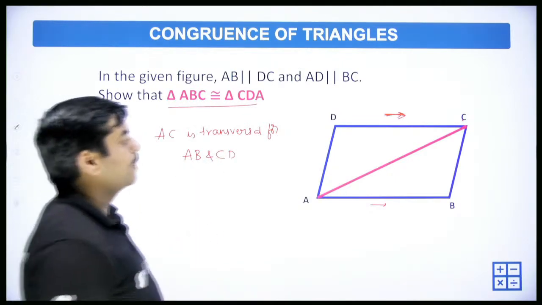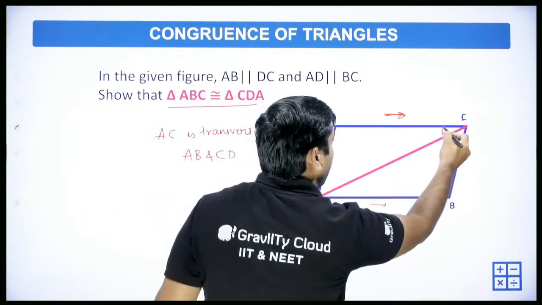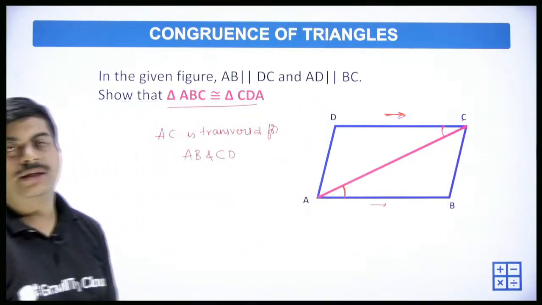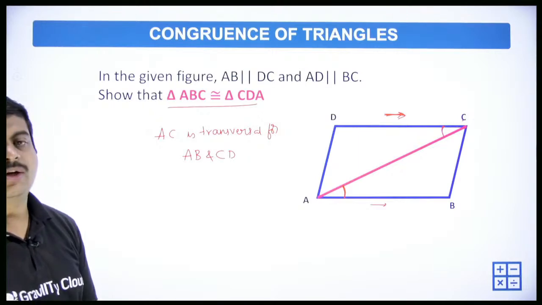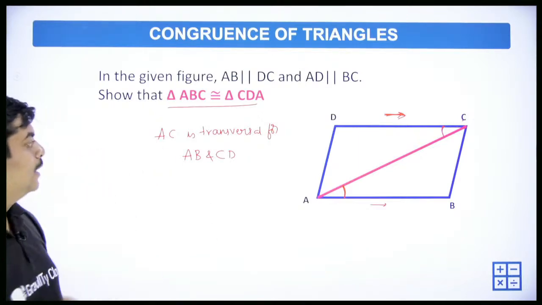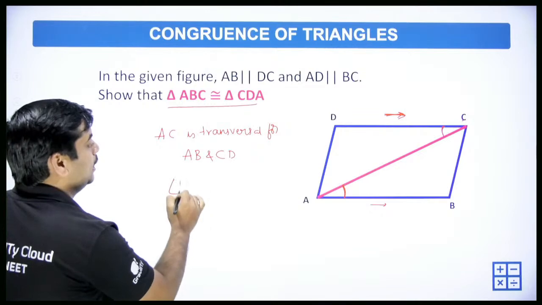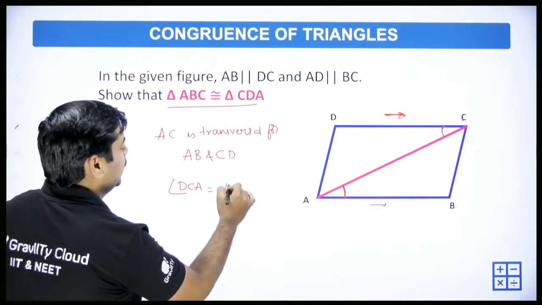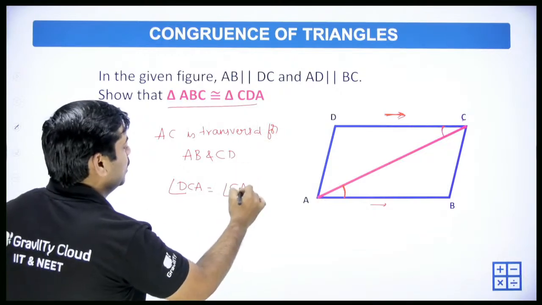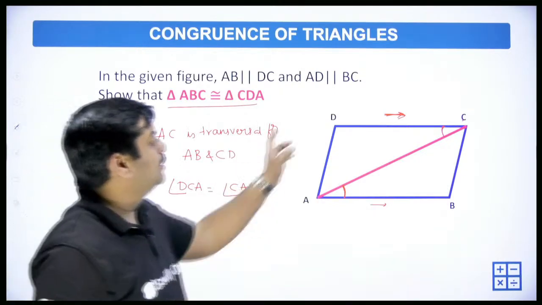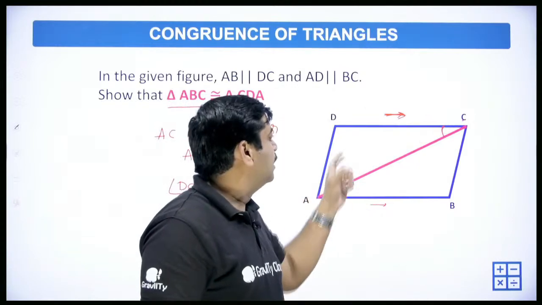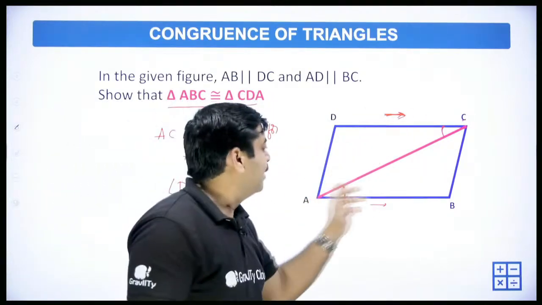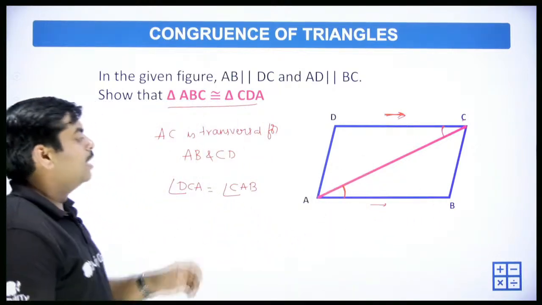So from there, this angle and this angle are equal, interior opposite angles, correct? So we know that angle DCA is equal to angle CAB, right? So these two are equal.